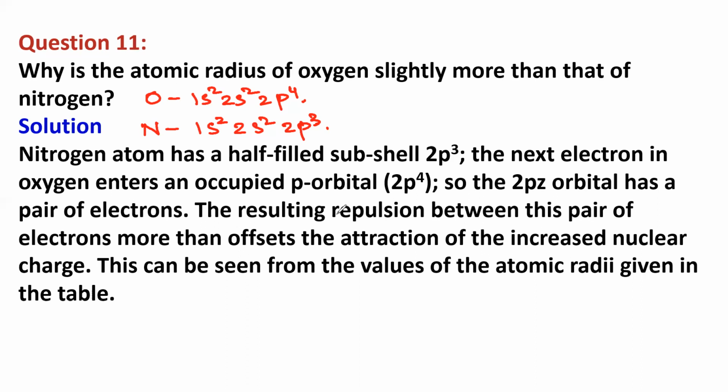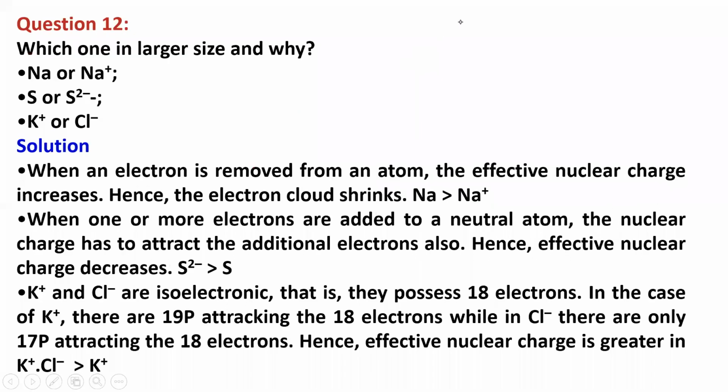Next question. Which ion is larger in size and why? As we discussed, in case of charges, for ionic sizes, the neutral atom is greater than its cation, whereas the neutral atom size is lesser than the anionic size.